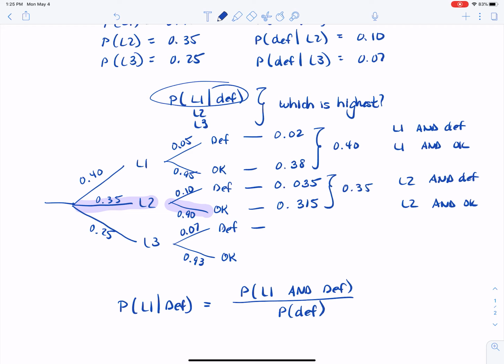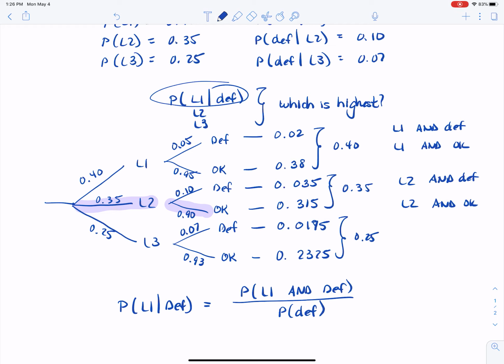For line 3, 0.25 times 0.07 is 0.0175. And 0.25 times 0.93, using a calculator just to make sure, is 0.2325. And yes, those add up to 0.25, so we're good.